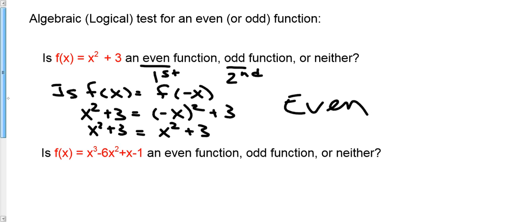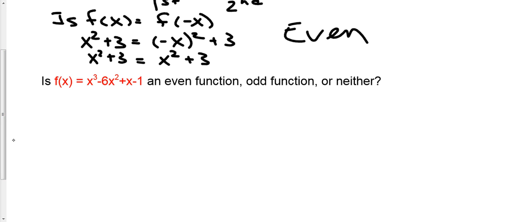All right. I gave you a hot mess here. Now, let's figure out if this function is even, odd, or neither. Is f of x equal to f of negative x?